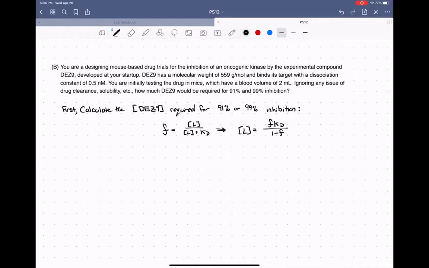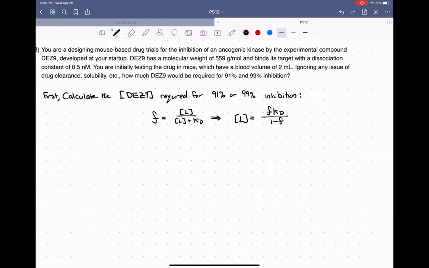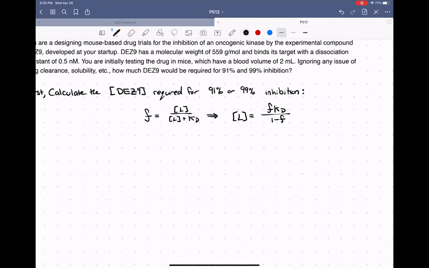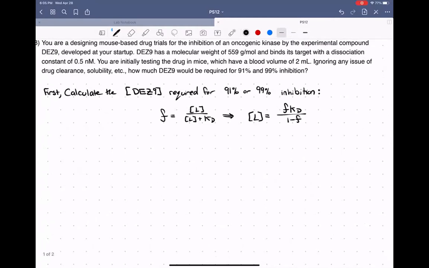The first thing we're going to do is calculate the concentration of DES9 required for 91% or 99% inhibition. I'm going to do this question just on 91%, and you could easily change the values to do 99% inhibition as well. Again, we can solve the concentration using the fraction bound formula: F equals L over L plus KD.